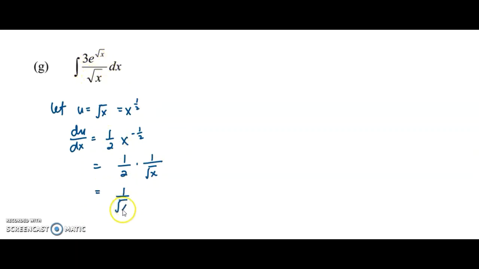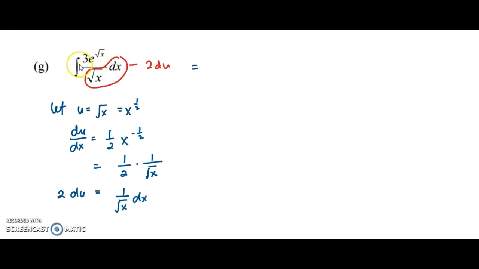Combined with the dx, I bring out the dx. And at the left hand side, I have a 2. I move the 2 to the left hand side and get 2 du. So you can see that 1 over square root of x with the dx can be substituted as 2 du. And for e^(square root of x), the square root of x here, I'm going to substitute with u.